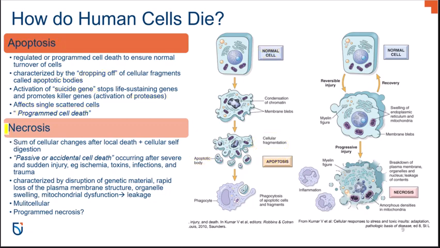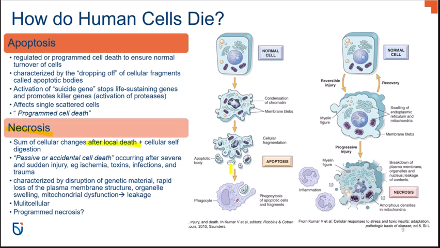Now moving on to talking about necrosis, a more messy process. Cellular death eventually leads to cellular dissolution or necrosis. Necrosis is defined as the sum of cellular changes that occur after local death and the process of cellular self-digestion.